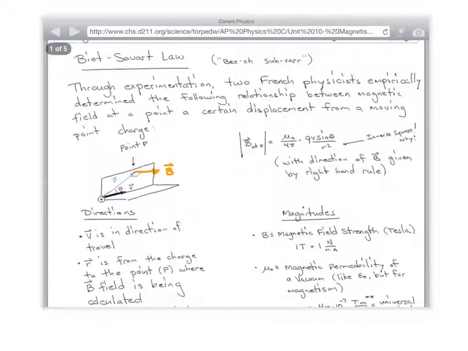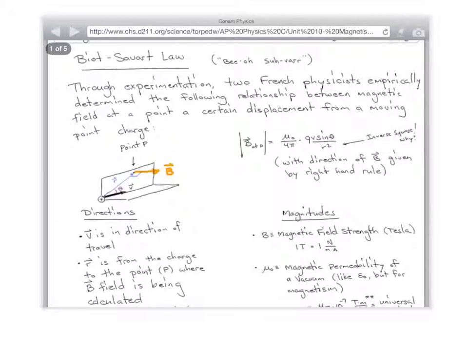Epsilon naught is the electrical permittivity of free space, or of a vacuum. Remember how it had to do with capacitors and also Coulomb's law? Well, mu naught is the magnetic version of epsilon naught.